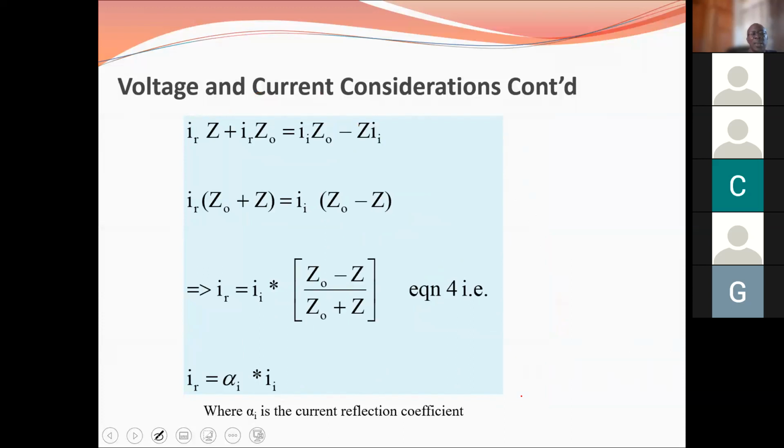And we get IR to be equal to I times Z0 minus Z over Z0 plus Z. And this is alpha I.